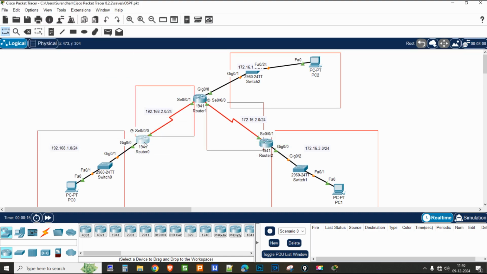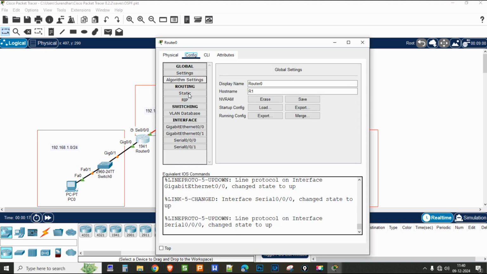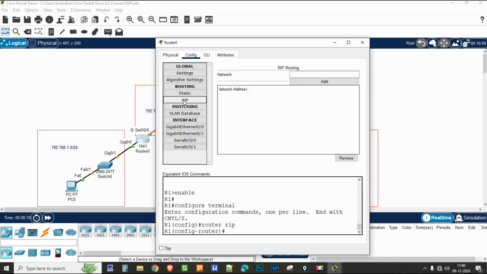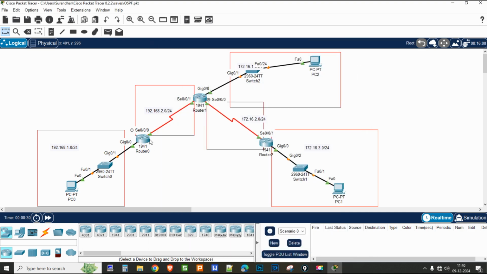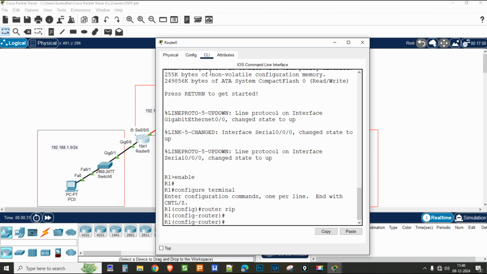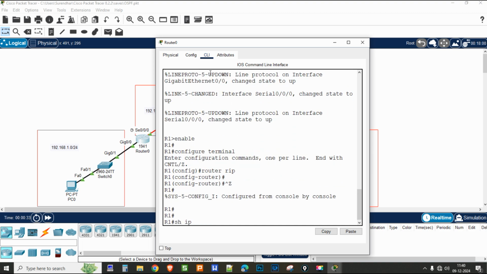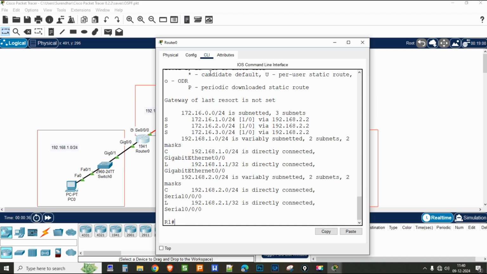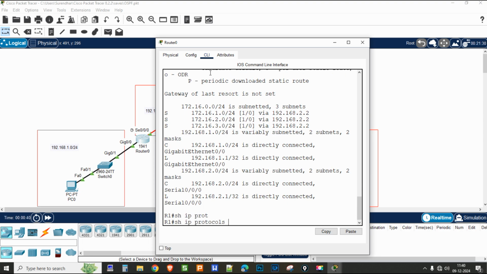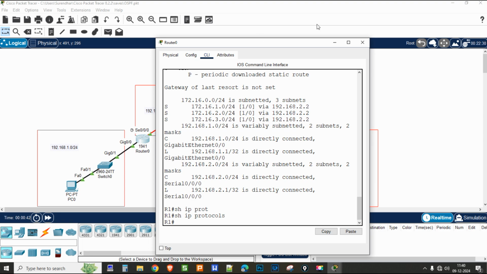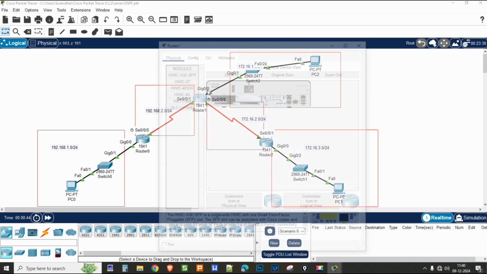I just need to remove the dynamic routing protocol. So there is no dynamic routing protocol for this topology.